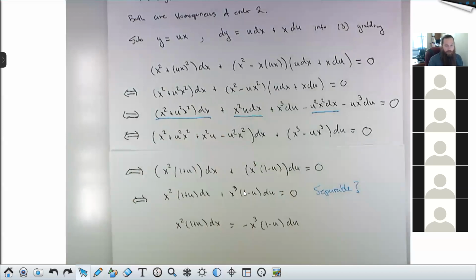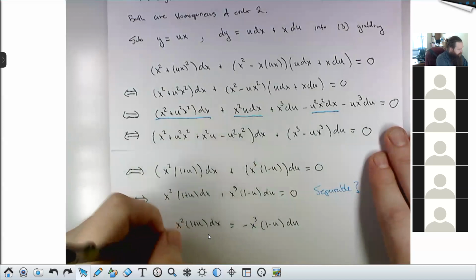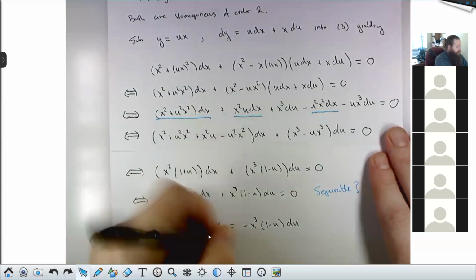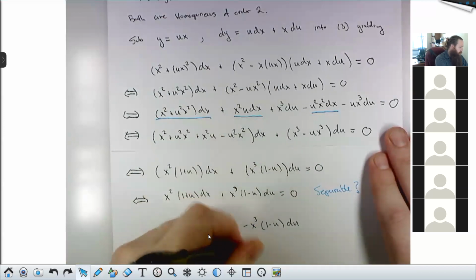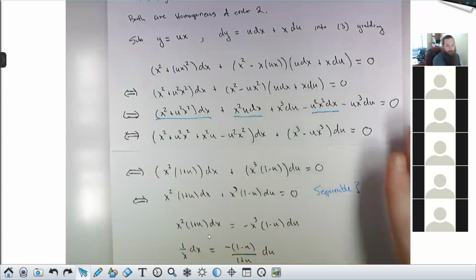And then I ask, can I get all the x's to the left? Yeah, well, if I divide both sides by x cubed, and both sides by 1 plus u, then I get 1 over x dx equals negative 1 minus u over 1 plus u du.